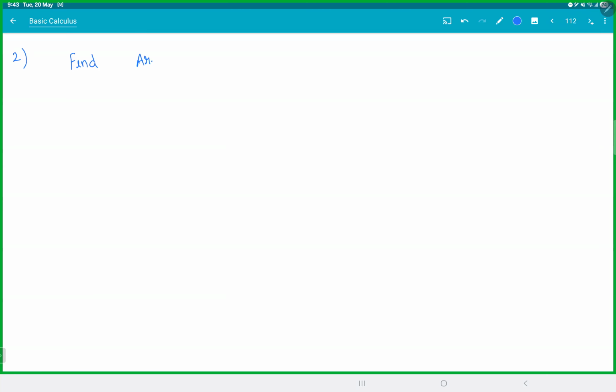Find area enclosed by the curve y is equal to x and y is equal to x square. That's it. Question will be like this only.